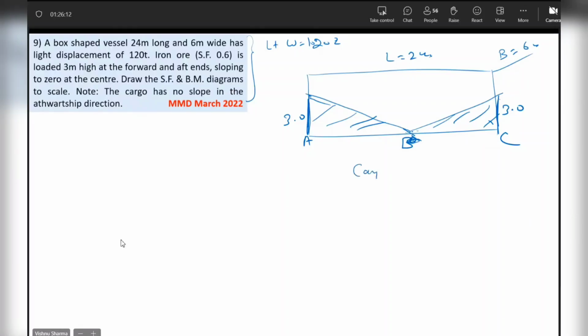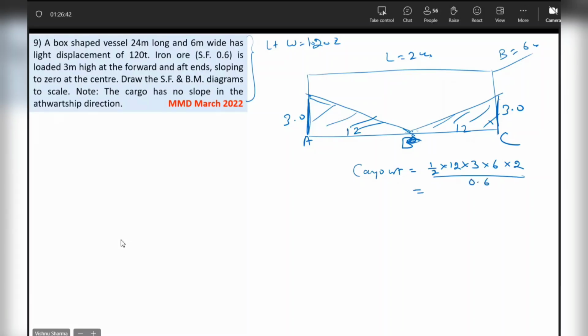So the cargo weight will be equal to this area. So each length will be 12 meters, 12 meters. So it will be one triangle, that is half base into height, area into the breadth 6 meters, that is volume, multiplied by 2, to account for two triangular portions, two wedges. Divide by the stowage factor of 0.6.